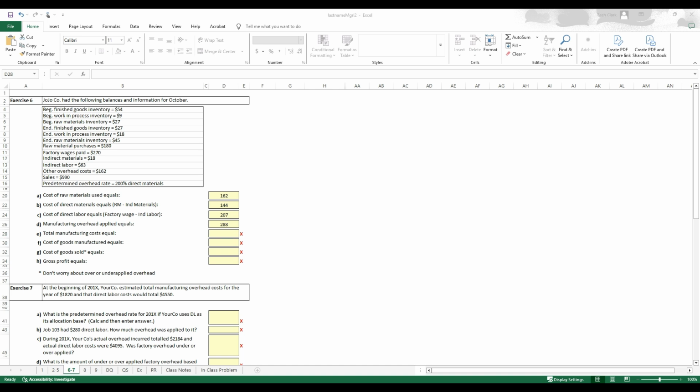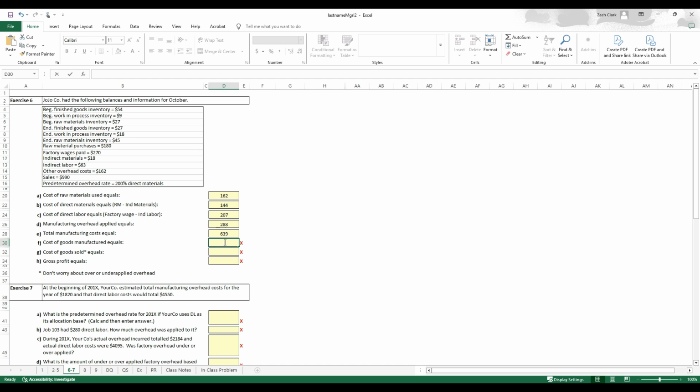Okay, total manufacturing costs. This will be, again, our total of those 3 categories: direct materials plus direct labor plus the manufacturing overhead. Remember that was based on our estimated predetermined overhead rate. Then our cost of goods manufactured is, again, back to beginning plus addition minus ending, the BAE formula.